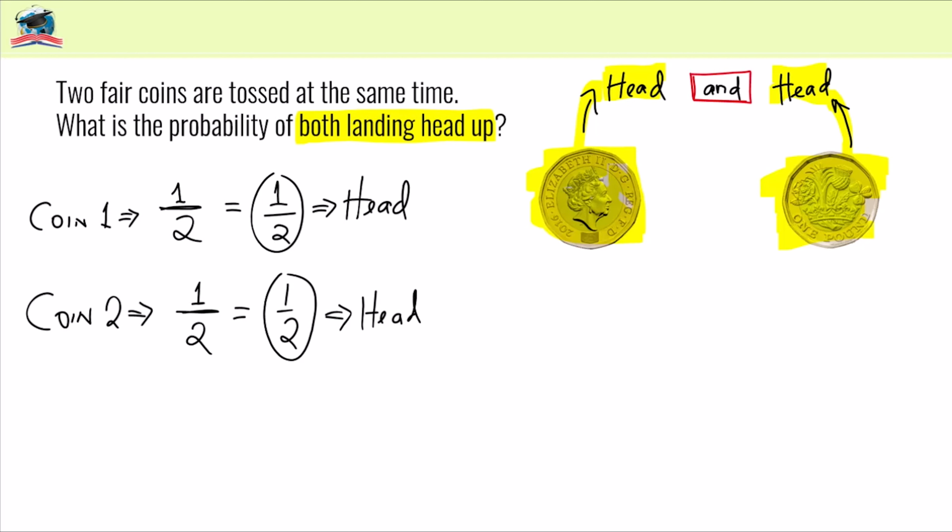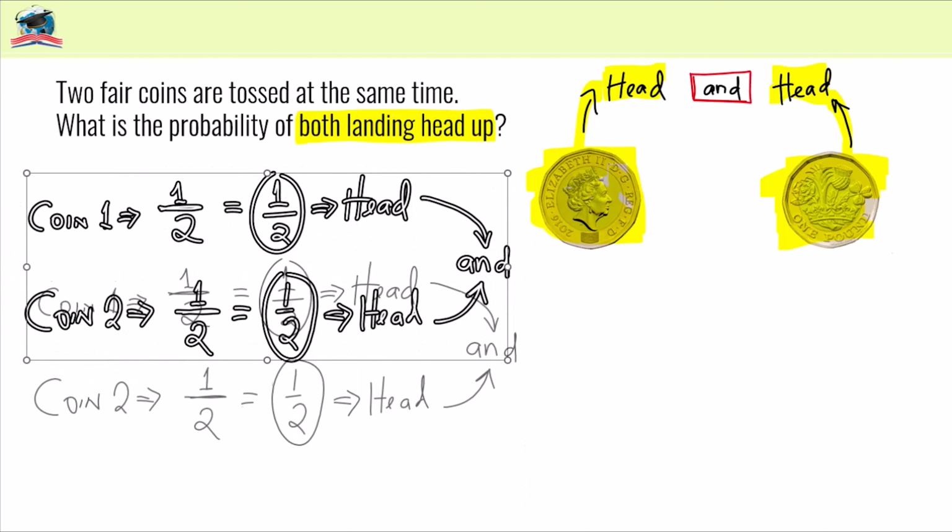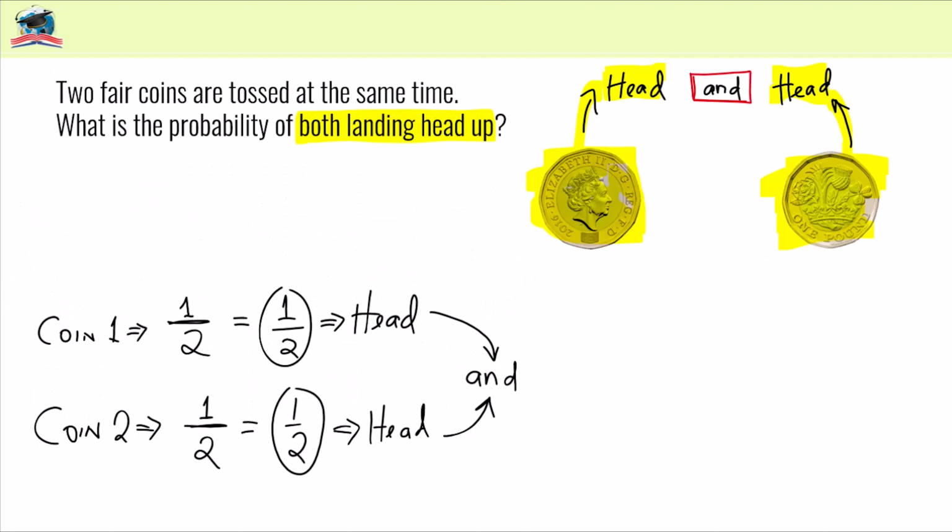Now remember, it says "and". Let's move this down because of space. Whenever you have "and", made out of three letters, A, N, D, that means you're going to merge them together, and A, N, D will give you the multiplication sign.